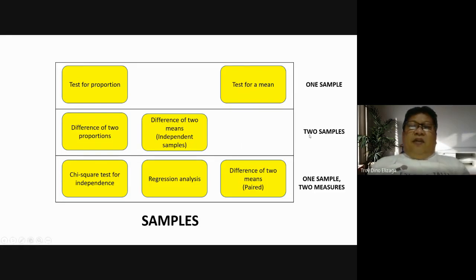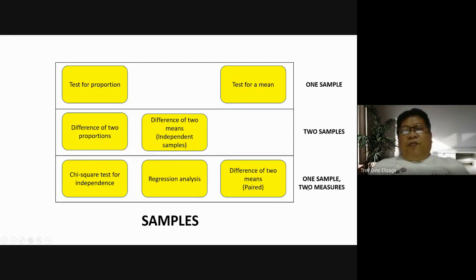If you have two samples, the tests are either difference of two proportions or difference of two means using independent samples. And the chi-square test for independence, regression analysis, and difference of two means using paired samples are what you use if you have one sample but two or more measurements.